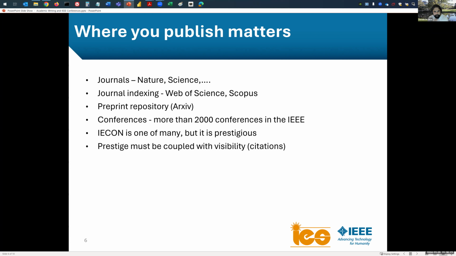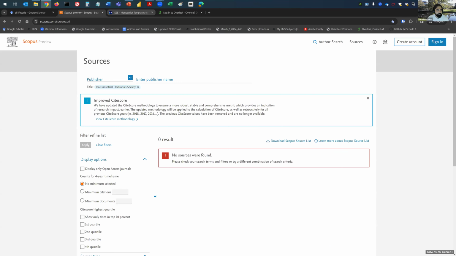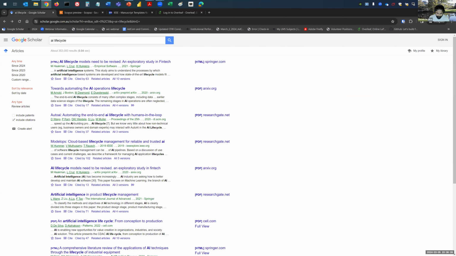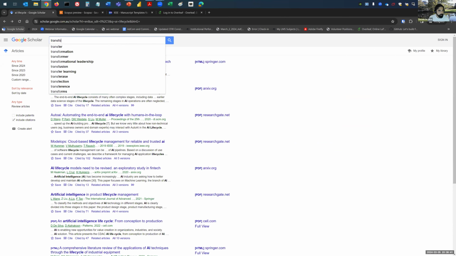And then what OpenAI and DeepMind do is they publish papers as preprints, on arXiv. arXiv is one example. Let's see if I remember a paper published on arXiv. Maybe Transformer.